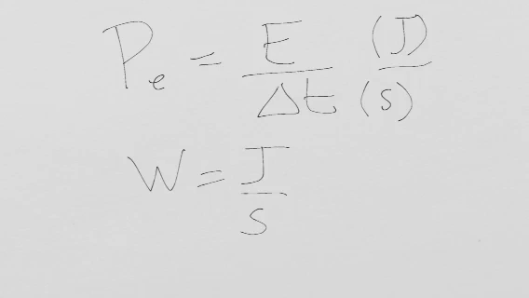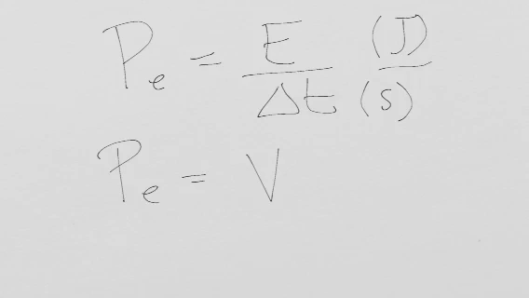Luckily for us, we have another way of calculating electrical power, or the power of an electrical device, and that's the one that we used on our most recent lab. Electrical power is also equal to the potential difference multiplied by the current intensity.